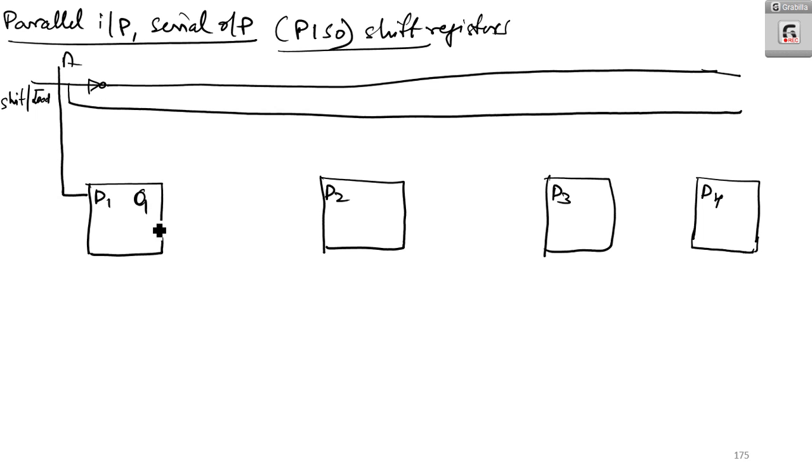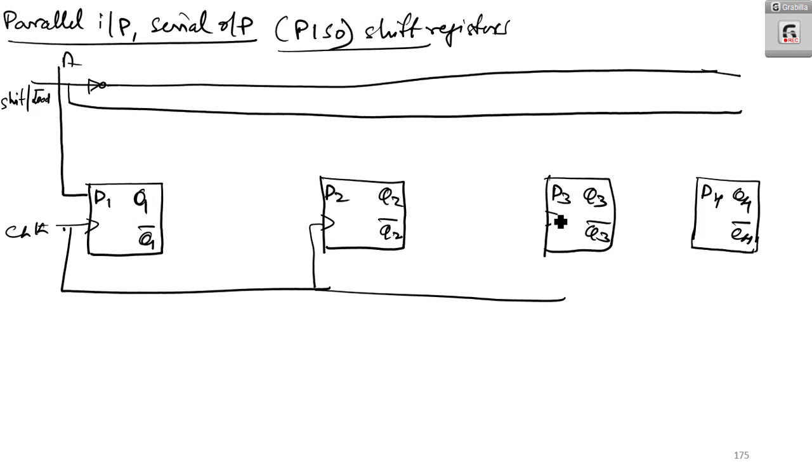Say here you are having Q1, Q1 bar, Q2, Q2 bar, Q3, Q3 bar, Q4, Q4 bar. The clock is common. Now, the first bit, that is A, is fed in directly. Whereas when you are coming to B, there is a problem.